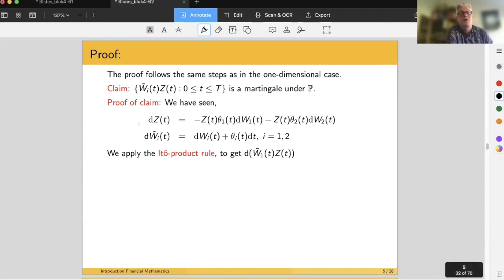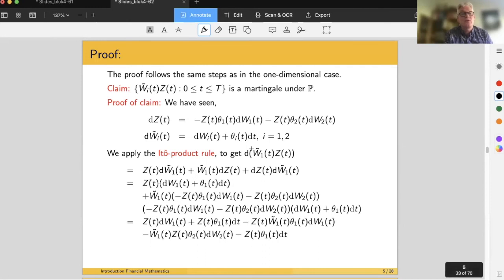So by the Ito product rule, we get the dynamics of, for example, W tilde_1(t) Z_t, and we can do the same for W tilde_2(t) Z_t, but we only do it for W tilde_1(t) Z_t. And you remember how it was. So here we have it, the whole bunch at once.